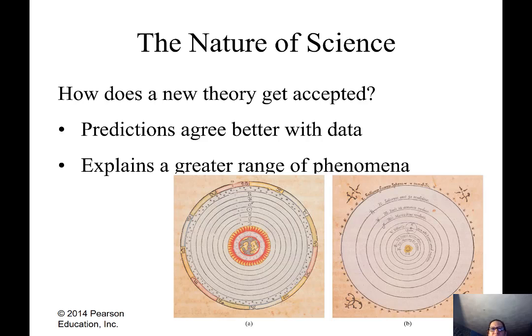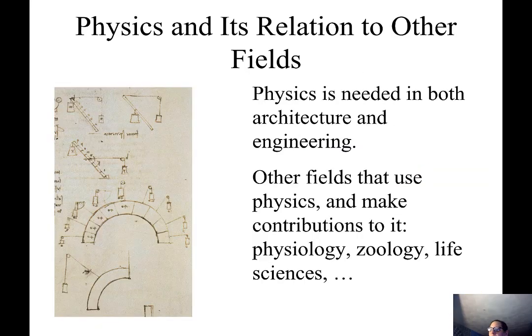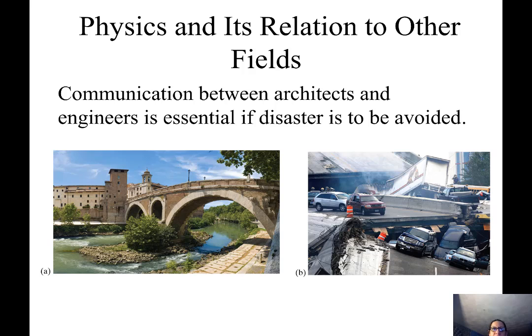So how does a new theory get accepted? Predictions agree better with data, and it explains a greater range of phenomena. So the more experimentation you conduct, the better will be your results. Physics and its related fields, as I just described, have a vast overlap with other sciences.